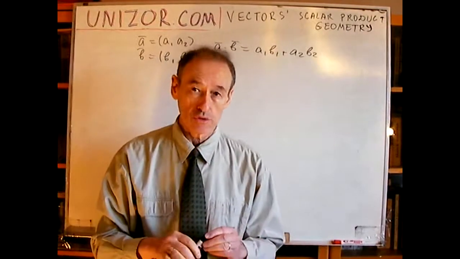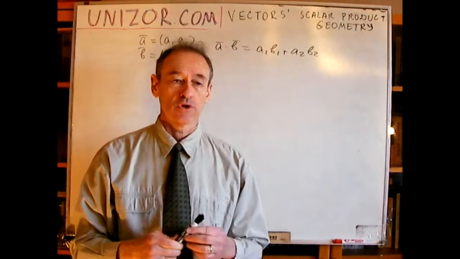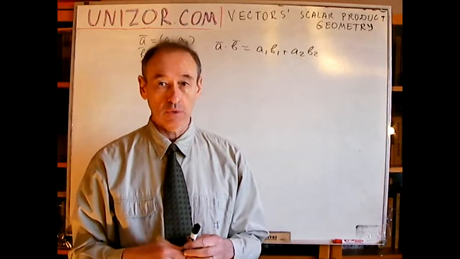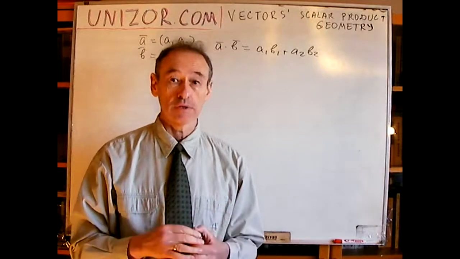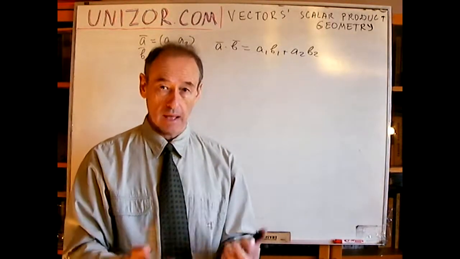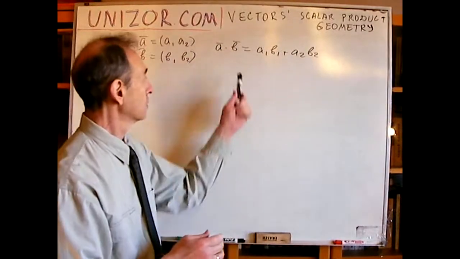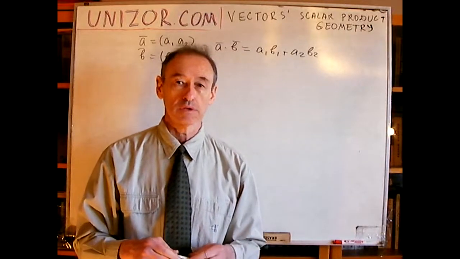I also mentioned that scalar product should not really depend on the coordinates. It should depend on physical characteristics of vectors and their mutual position, their lengths and the angle between them. But looking at the formula, it looks like it depends on the coordinates.